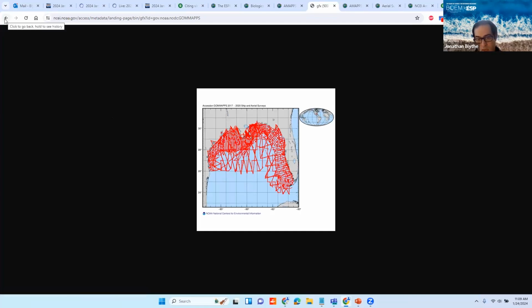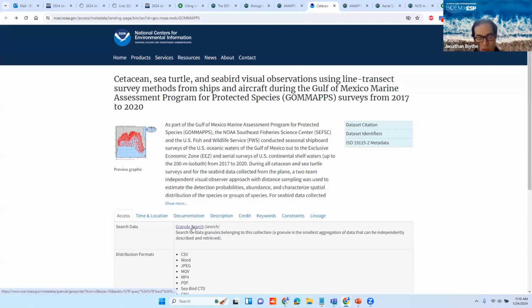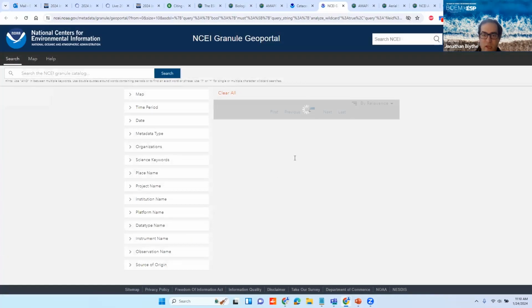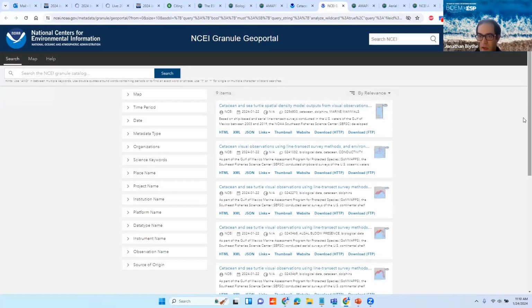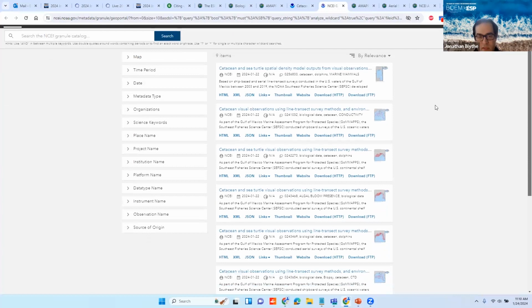But there's a ton of data in this data set. It's actually not a data set, it's a data collection. And within the NCEI system, you go to the granule search, and I should have pulled this up before in case of a demo glitch, but this seems to be working. There are 9 items associated with this collection.